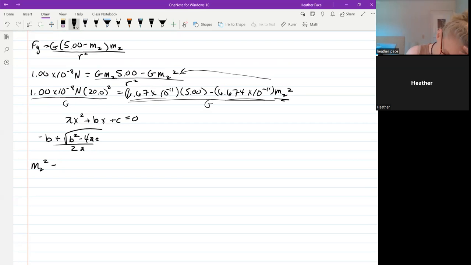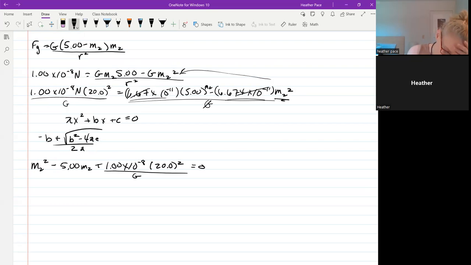minus M2 times 5 plus 1 times 10 to the negative 8 times 20 squared all over G equals 0.